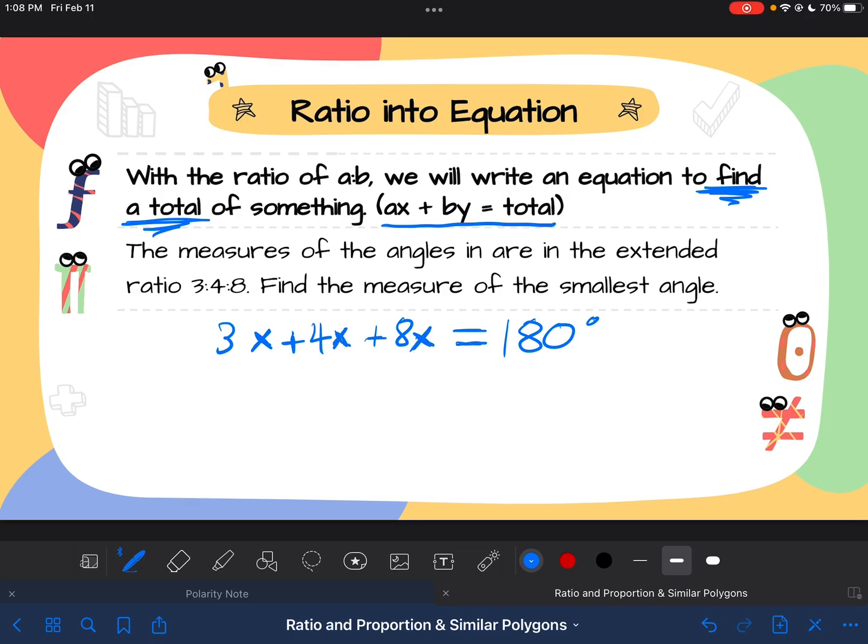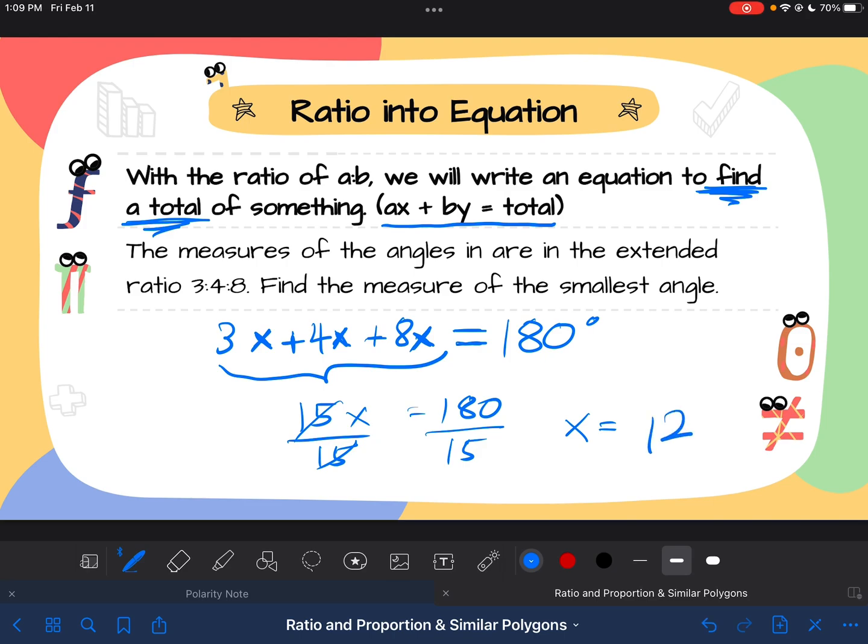That means every one of these three numbers is going to be multiplied by its common factor. If we add this up, that should give you 15x equals 180. If we divide by 15 on both sides, x is going to equal, well, not 3, it will equal 12.